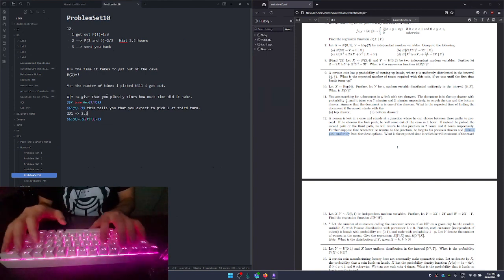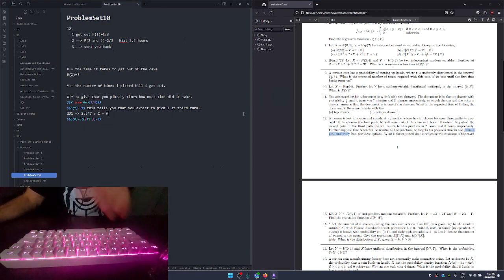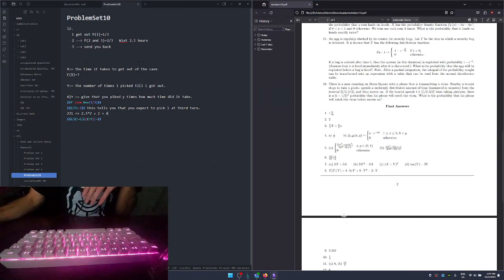So you have 2.5 times 2, plus 1 hour, because the last one to get out takes you 1 hour, and this is equal to 6. It is the right solution.